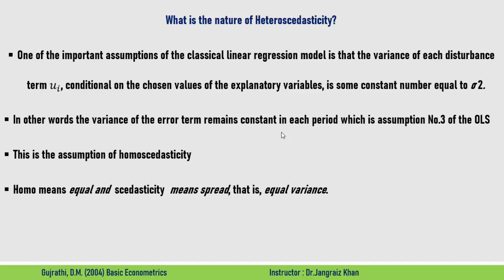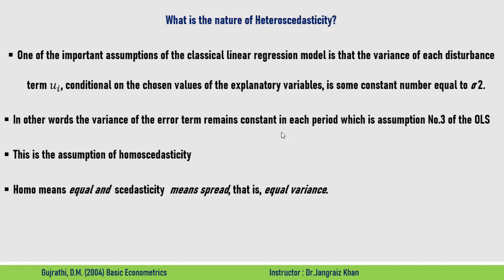We assume that the model has constant variance. So if this assumption is fulfilled, we say the model is homoskedastic, and this assumption number 3 is called the assumption of homoskedasticity. Homo means equal and skedasticity means spread.